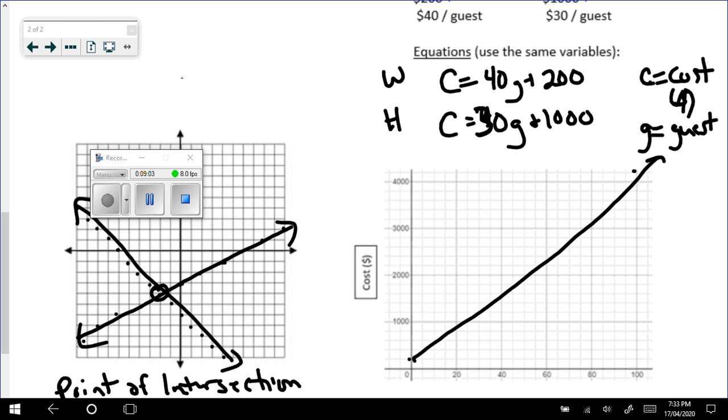My line missed. 1,000 plus 3,000. Oh, is that my point of intersection? $3,000 plus 1,000. No. Cool. I messed them both up.